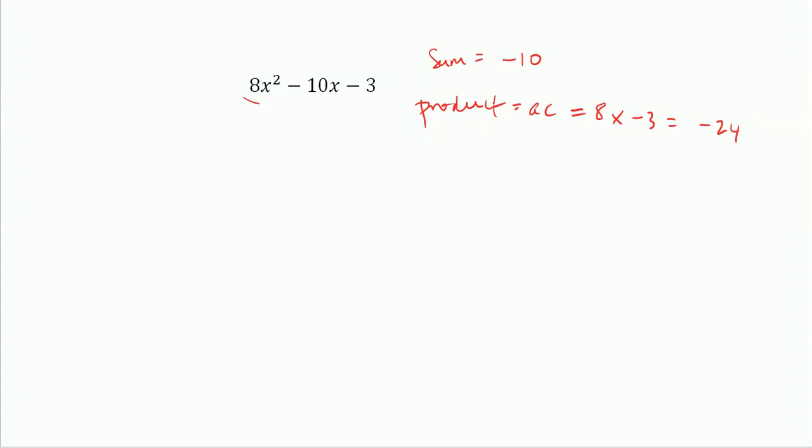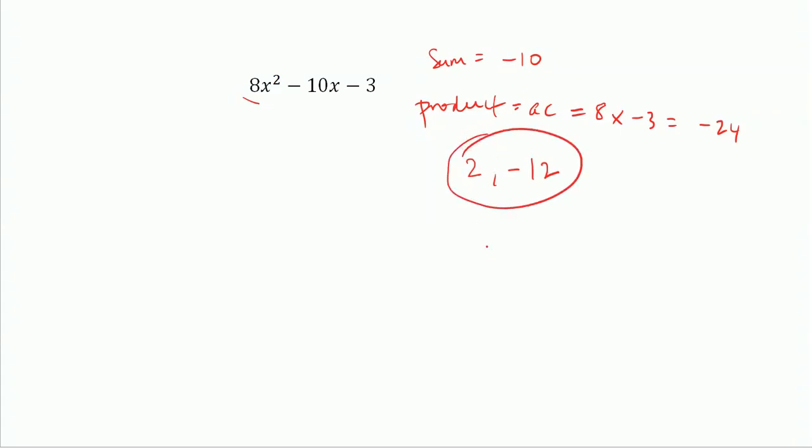So we are looking for two numbers that will give us a sum of minus 10 and a product of minus 24. So if we think about this, we can use 2 and minus 12. 2 multiplied by minus 12 will give me minus 24, and 2 minus 12 will give me minus 10. So these are the two numbers we are looking for.